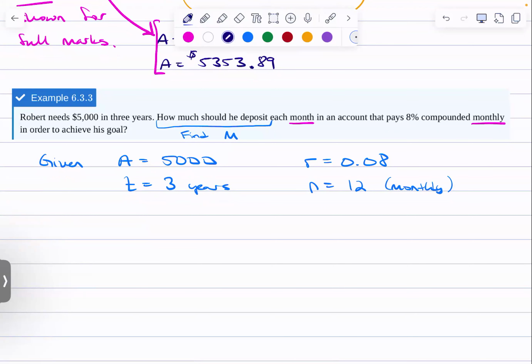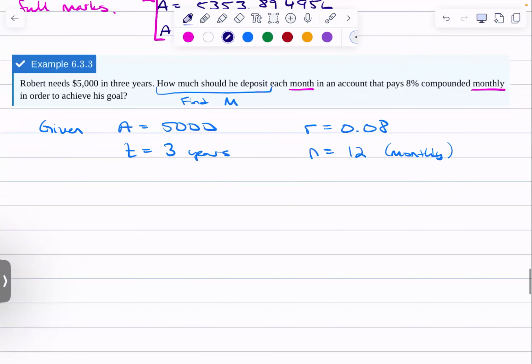We have our formula, and we only have this one. But we've been solving for A given M before, and now I want to solve for M, but I'm given the A, and so I'm really only missing one piece of information still.